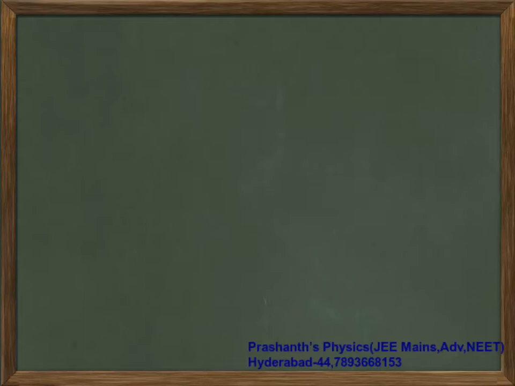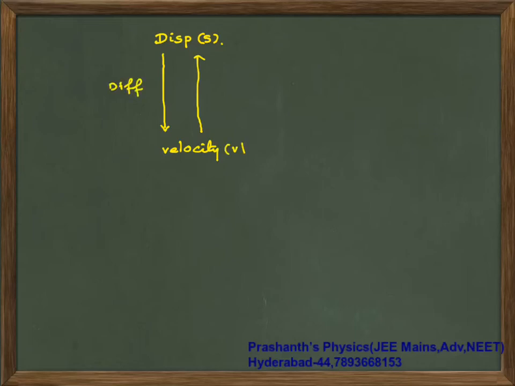So for motion in one dimension, the terms that you have are displacement, represented by symbol S. If you differentiate it, your answer is velocity. Integration is the reverse process of differentiation, so if you integrate velocity, you will get displacement.